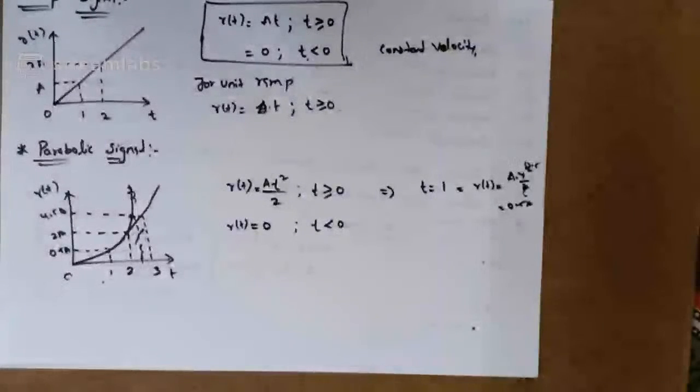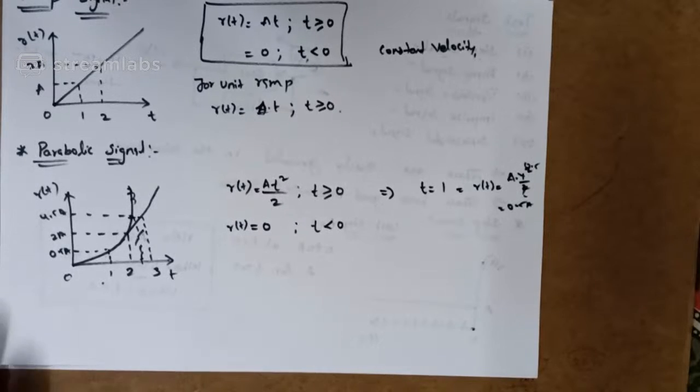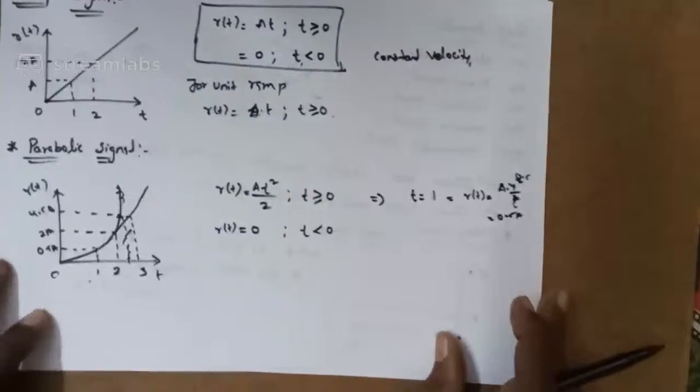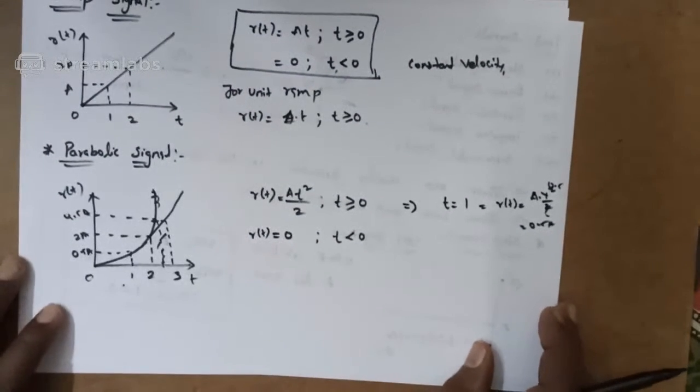Okay guys, we have seen the mathematical equations for step, ramp, parabolic, and now we are going to see the equation for the impulse signal. I think everyone note down this one.